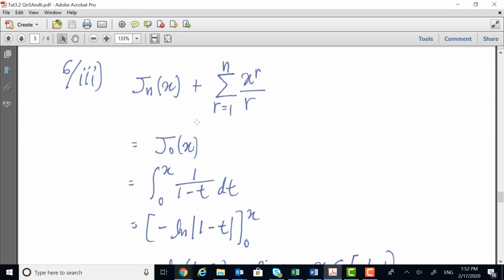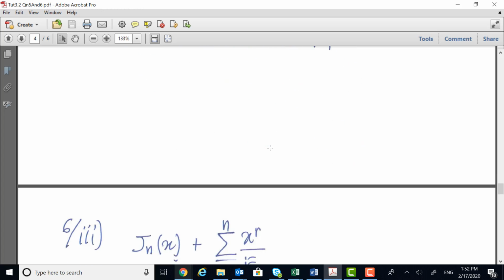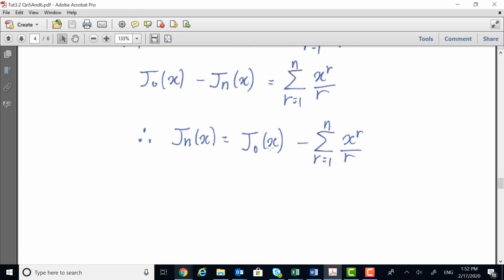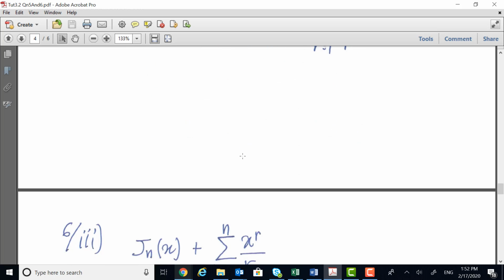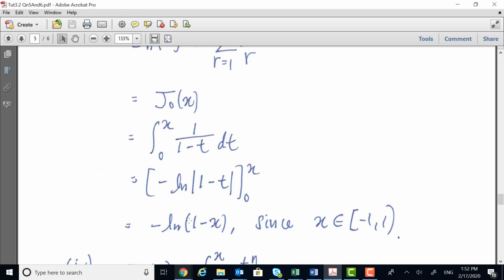And now that we have this expression, J_n plus this thing is equal to J_0. I simply bring this term to the left hand side, so that I have J_n plus the summation equal to J_0, and J_0 can be integrated directly.